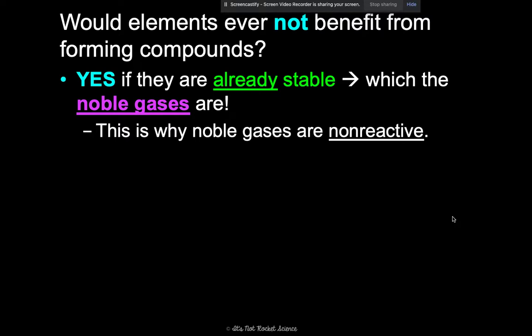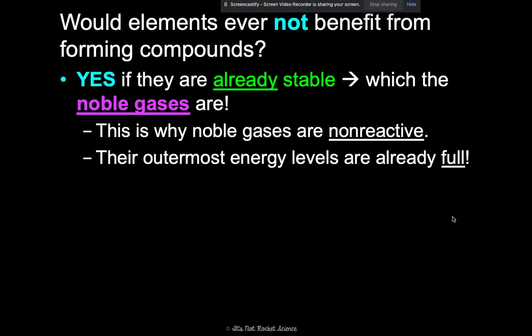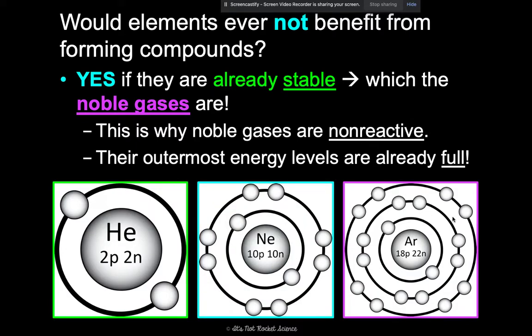They are okay with being by themselves. Their outermost energy levels are already full. They don't need help with that. So examples would be helium, which we discussed a little bit previously. It has 2, it's fulfilled, it's good. Neon, argon, any of those group 18 elements would be included in these noble gases.